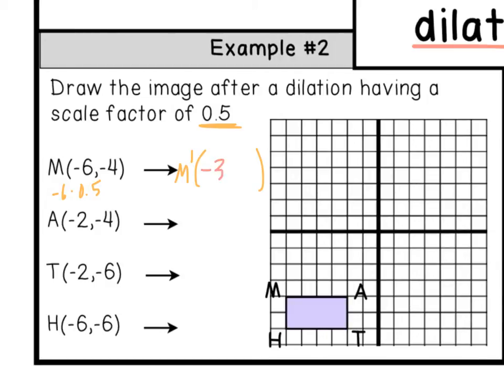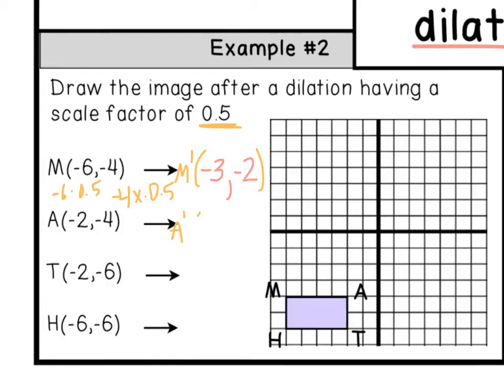Half of 6 is 3, and it's -6, so half of -6 is -3. Half of -4, so we could do in our calculator -4 times 0.5, but we know half of 4 is 2, so half of -4 is -2.